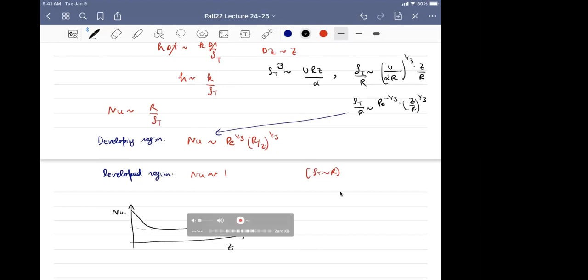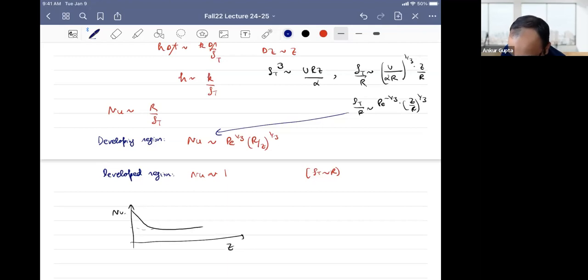Could it be the relationship between convective heat transfer and conductive heat transfer? If it's a solid, it's going to be conduction. If it's a fluid, it's going to be convection. Absolutely, absolutely.